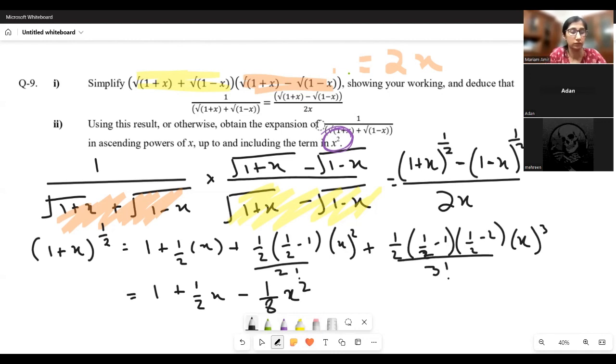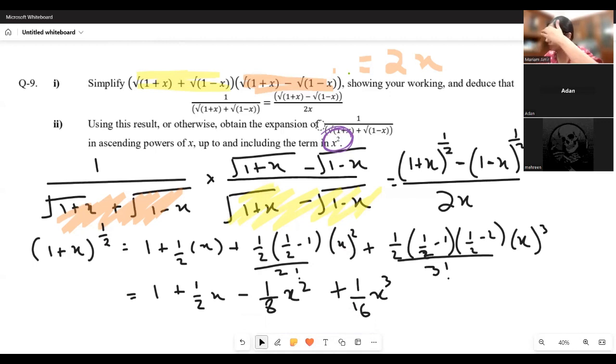And the other one is half times (half minus 1) times (half minus 2) divided by 3 factorial. So I'm getting 1 by 16 x cubed.